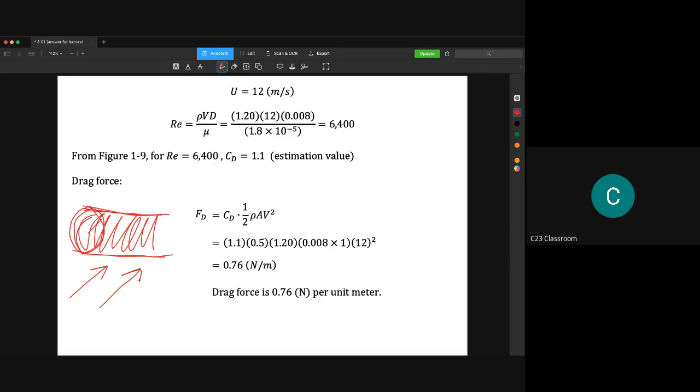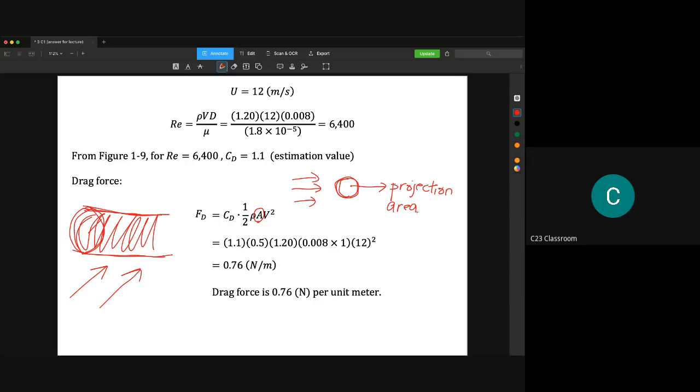The A here is actually the cross-sectional area. The cross-sectional area of the wire can be taken as, we know the wire is a cylinder, and we have a wind flow here, so it is equal to the projection area. The projection area means the shadow of this wire.